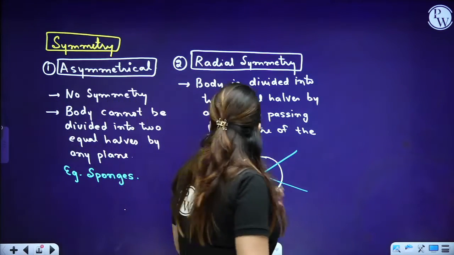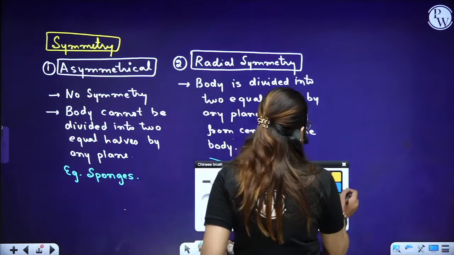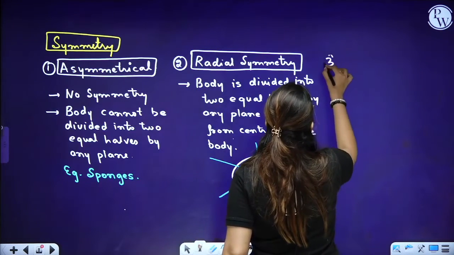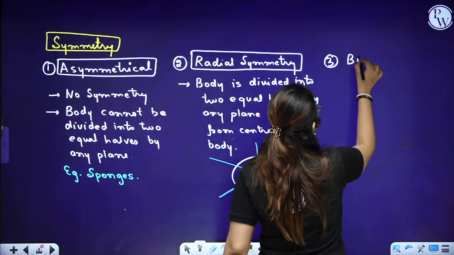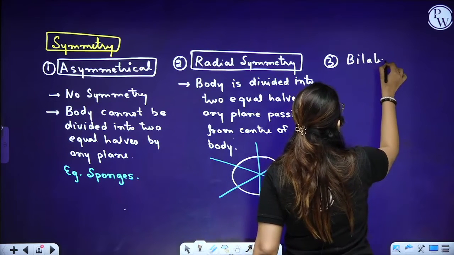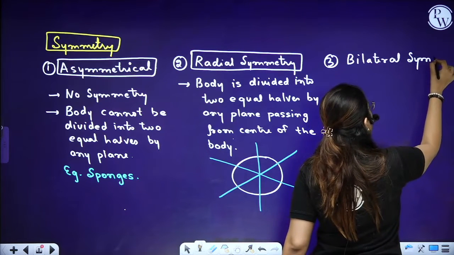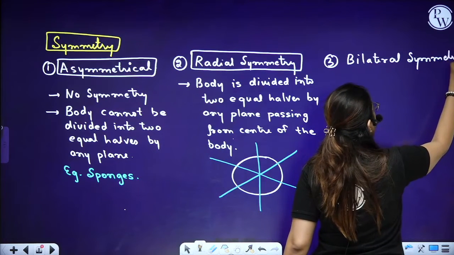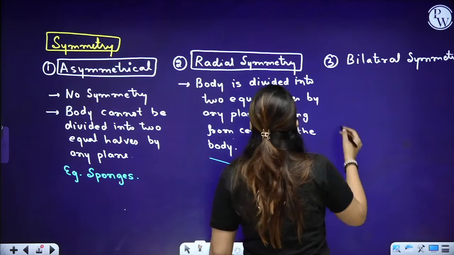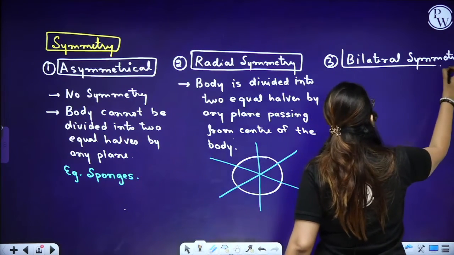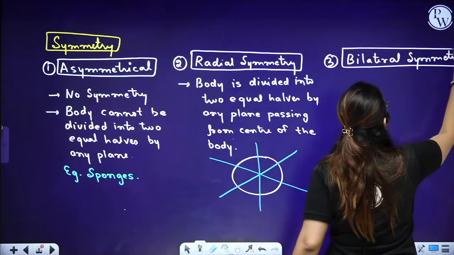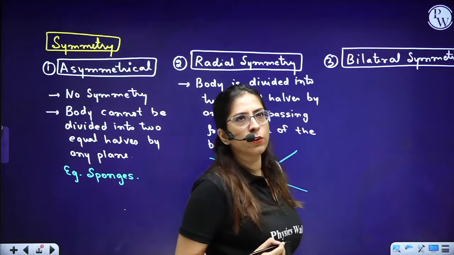Now third, we have to talk about the bilateral symmetry. So how will you learn this?